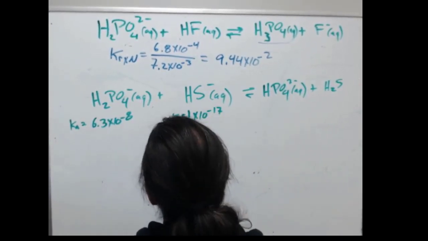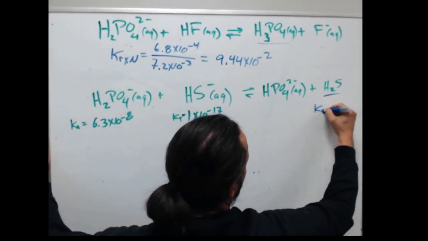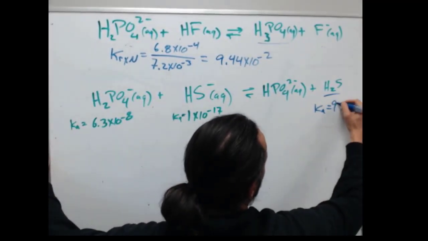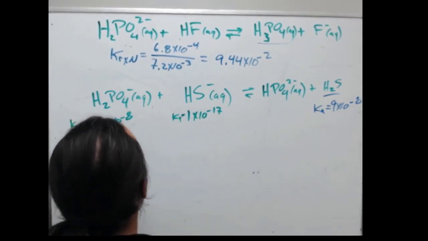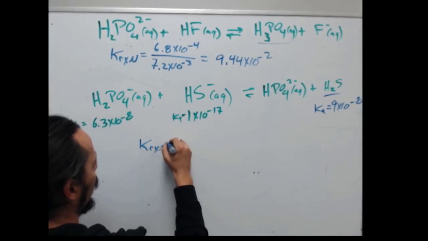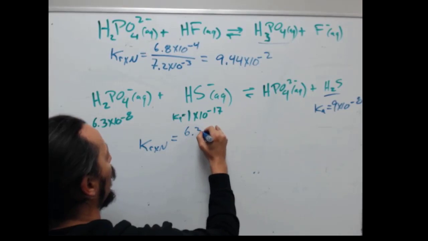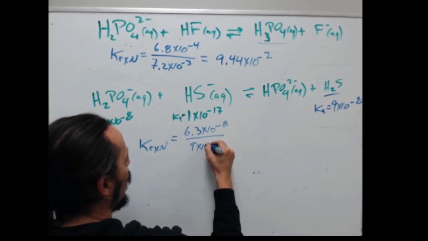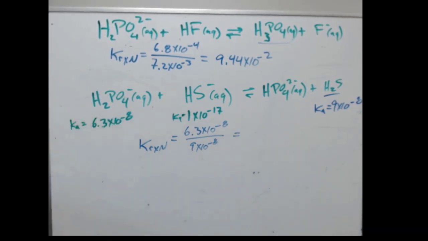And after I make that prediction, I can go ahead and do a calculation. This thing over here, my product acid, has a Ka of 9 times 10 to the minus 8. So when I take my K reaction, I'm going to have 6.3 times 10 to the minus 8 divided by 9 times 10 to the minus 8. And I calculate.